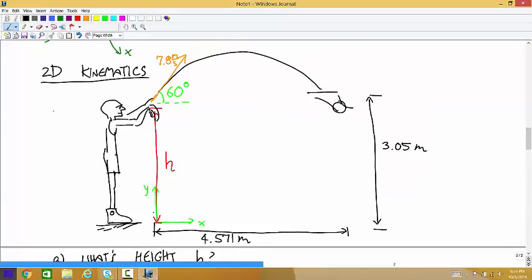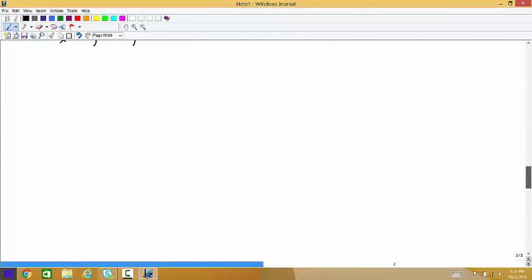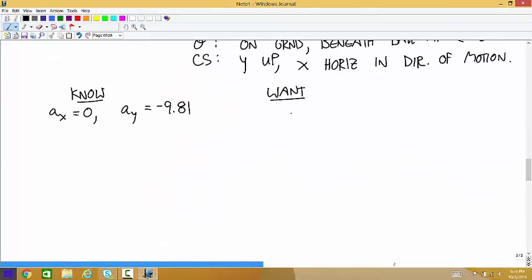We know the x component. If you're thinking of the coordinates of this point when time is equal to 0, the x component is 0. The y component we don't know, though. That's what we want to find. So we want PIY, but we know PIX is 0.